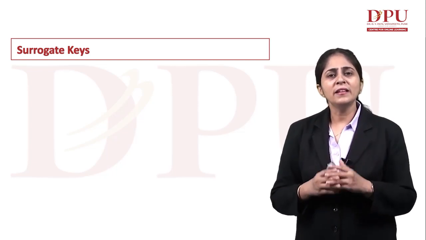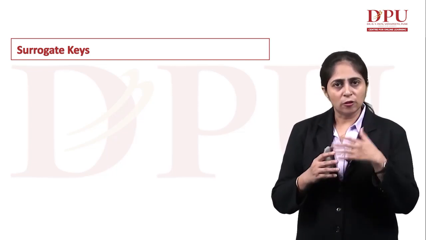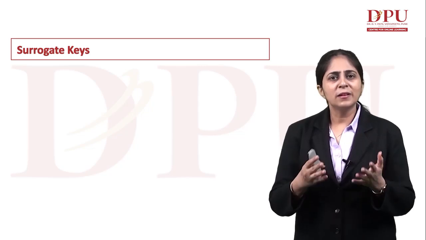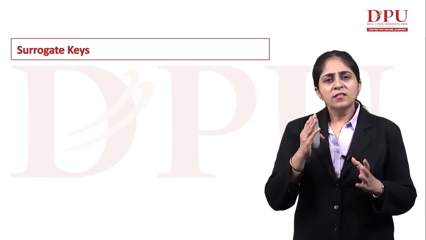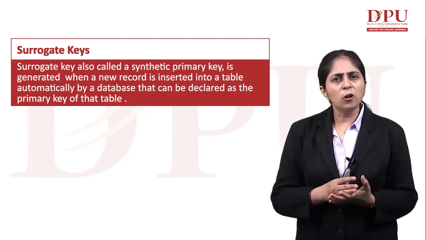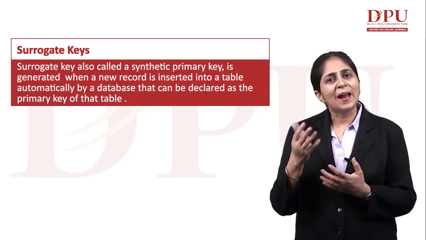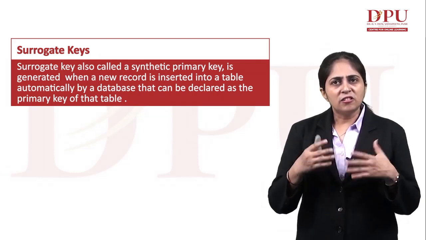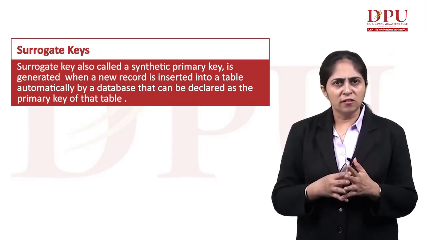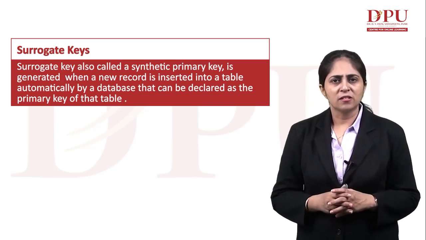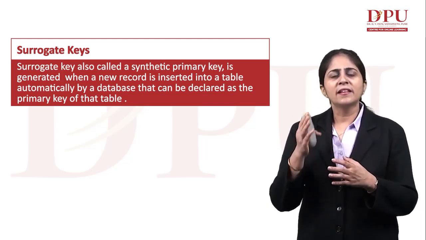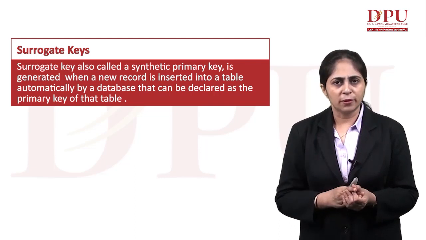Primary key is something that has to be unique to you, like your roll number or your admission number, that is unique to you. Now coming to the surrogate key. Surrogate keys are also called a synthetic primary key. It is generated automatically by a database when a new record is inserted into a table, and it can be declared as a primary key of that table.